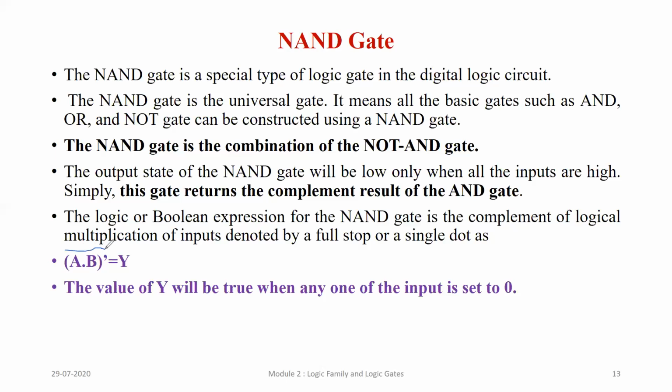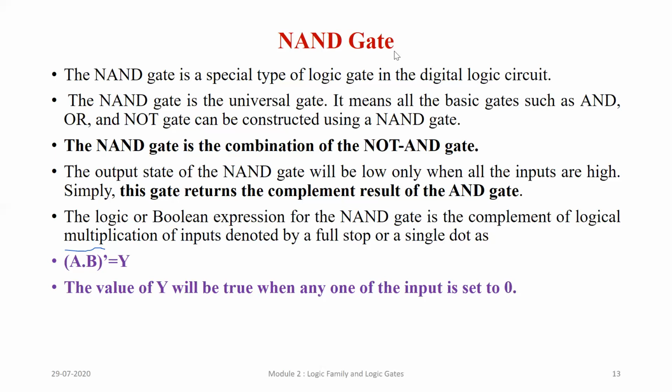I don't put both, a bar or a dash. So A dot B inverted, or A dot B with a bar over it, shows the complement operation. So AND was A dot B, NAND will be A dot B complement, and the value of Y will be true when any of the inputs is set to 0.